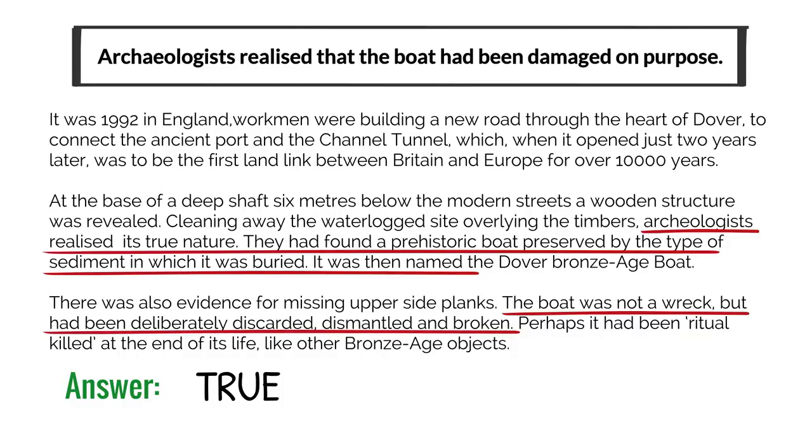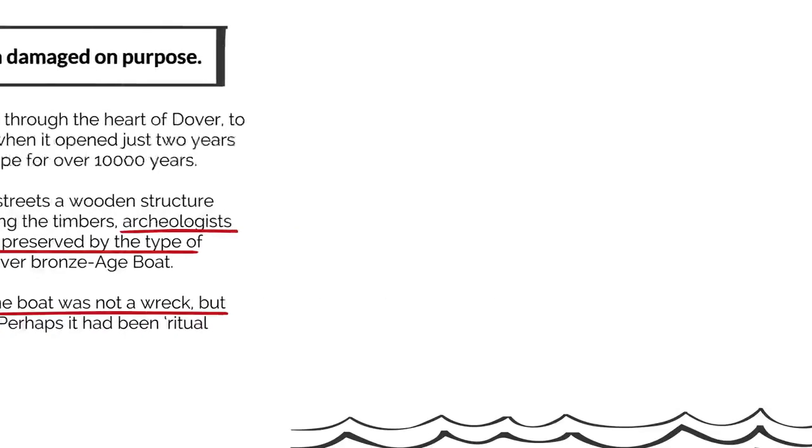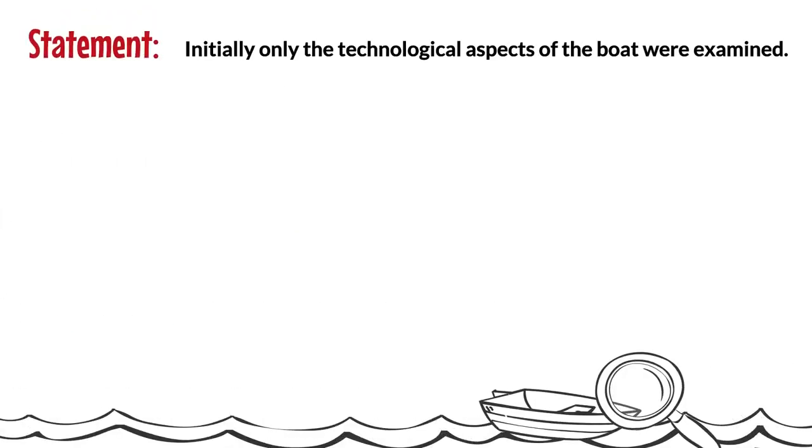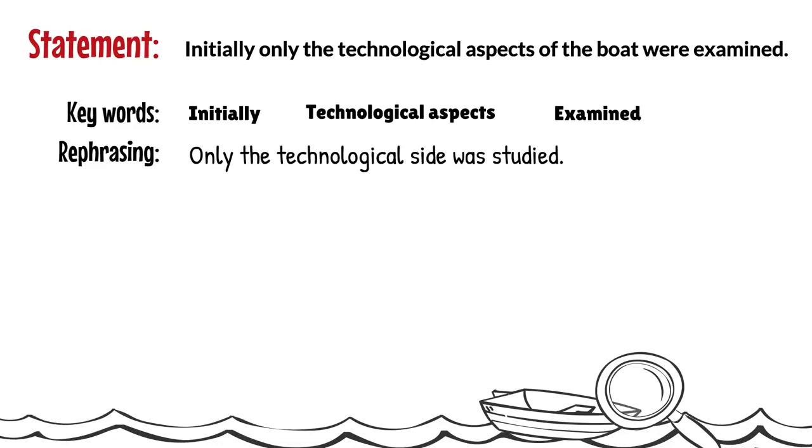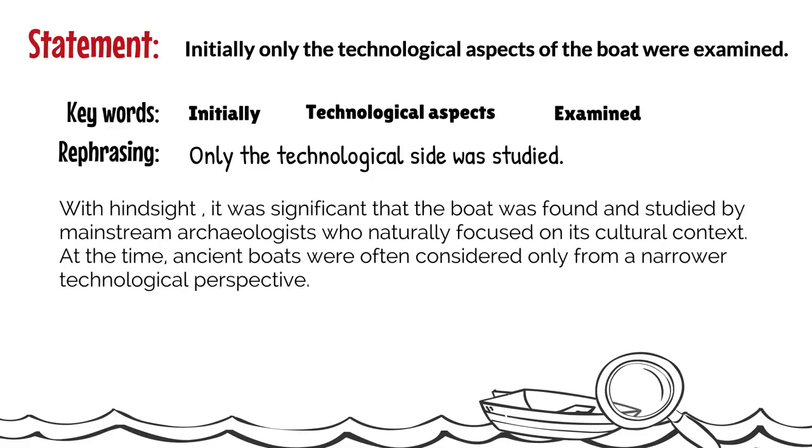Now let's look at more statements and sentences from the passage and see if they're true, false, or not given. Initially, only the technological aspects of the boat were examined. The keywords are initially, technological aspects, examined. We can paraphrase the statement by saying, only the technological side was studied. We located the information in the paragraph by scanning, and it says, with hindsight, it was significant that the boat was found and studied by mainstream archaeologists who naturally focused on its cultural context.